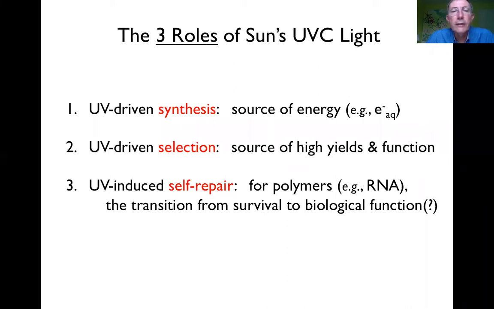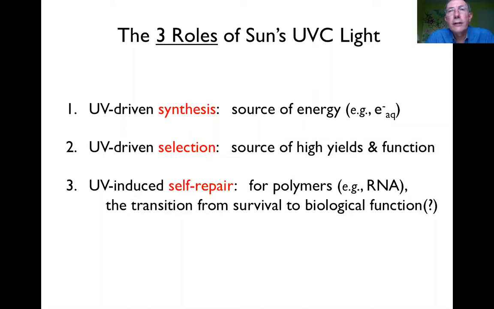Number 2 is that the UVC light also cleans up chemistry. Whatever source of energy you give it produces a lot of products. Organic chemistry is known to produce a lot of products. So what organic chemists do in their labs is purify. They purify that, they purify this to get pure products.